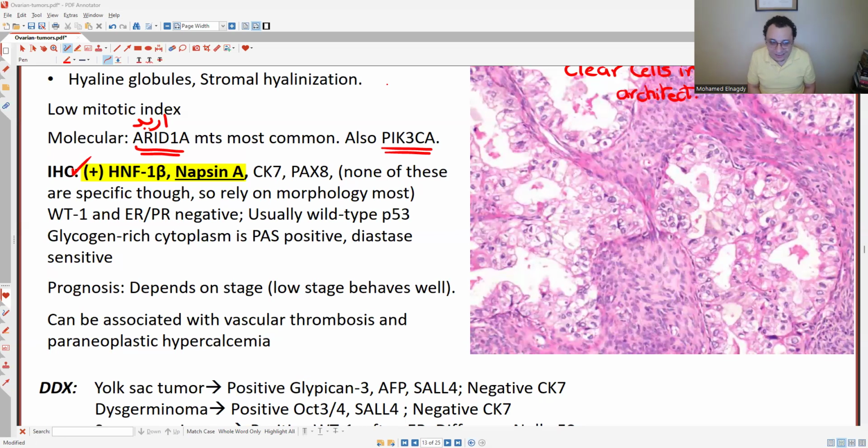It's benign. Is it serous or mucinous? It's serous. Benign serous cystadenoma. Cystadenoma if benign, cystadenocarcinoma if it's malignant, right? So it's a benign serous cystadenoma.